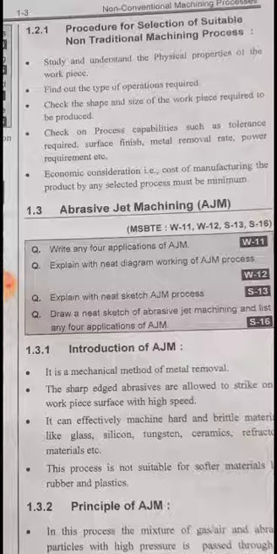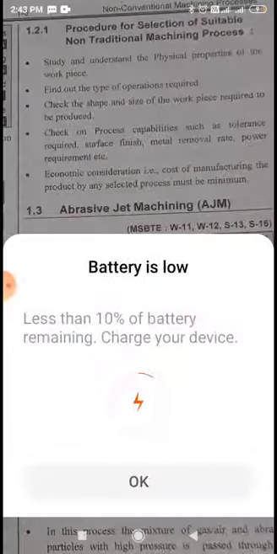Then economic consideration: the cost of manufacturing the product by any selected process must be minimum. This is an important point, that is cost. While selecting the process, the cost must be considered, as the cost of manufacturing must not be high.